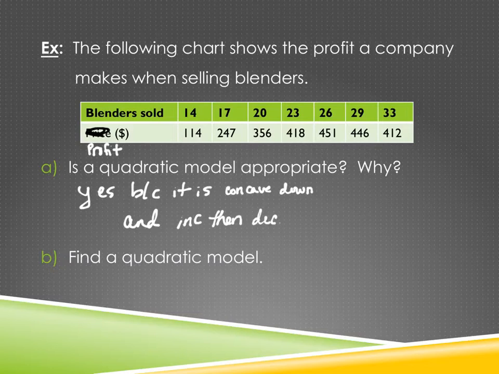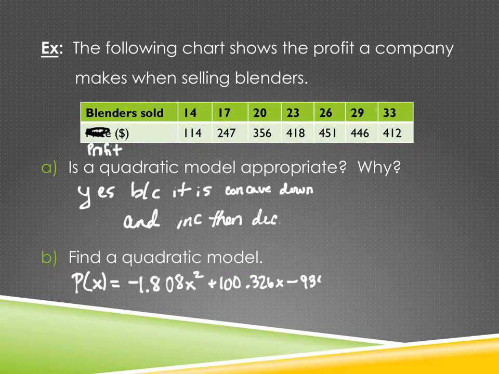So we need a name. This is profit, so I'm going to call it P of X. Give your function a name. I have negative 1.808x squared plus 100.326x minus 934.223.